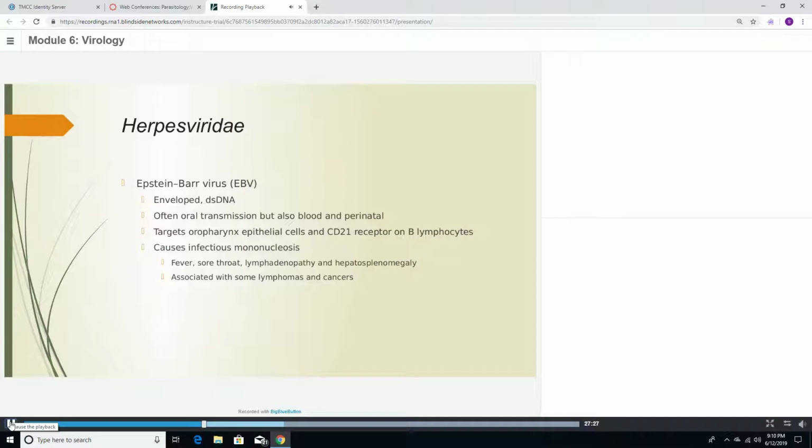So oftentimes, whenever we have an Epstein-Barr virus infection, we're going to have reactive lymphocytes in our blood cells. We'll get to this on the next slide. I'm kind of jumping the gun here, but this virus causes infectious mononucleosis. A patient with this infection is going to have fever, sore throat, lymphadenopathy, and hepatosplenomegaly. It's associated with some lymphomas and cancers.